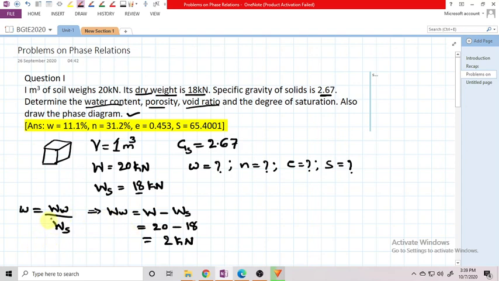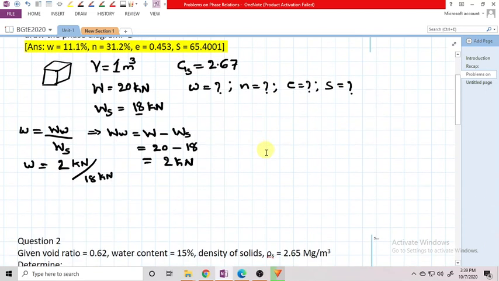So now put it here. Water content equals weight of water, 2 kilonewton, divided by weight of solids, which is 18 kilonewton. So 2 by 18 is how much?